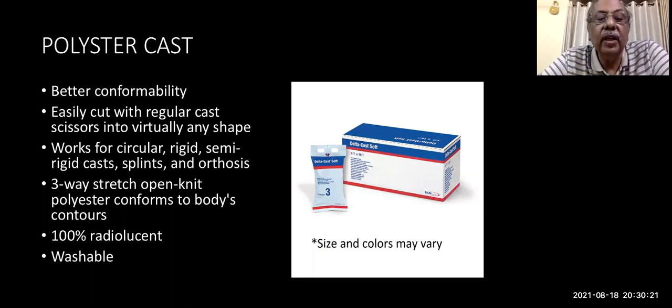It works for circular, rigid, semi-rigid casts, splints, and orthosis. Three-way stretch open knit polyester conforms to the body contours, and it is 100% radiolucent. And the most important advantage is it is washable. Therefore, you can take a bath every day with this plaster. That is the main advantage of polyester casts.